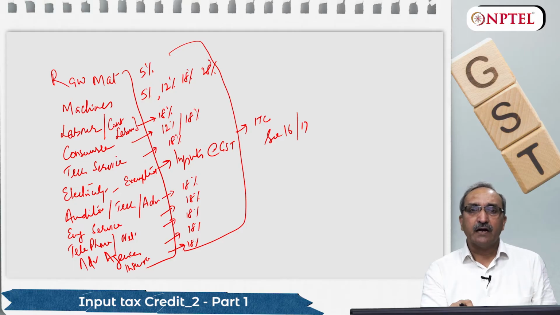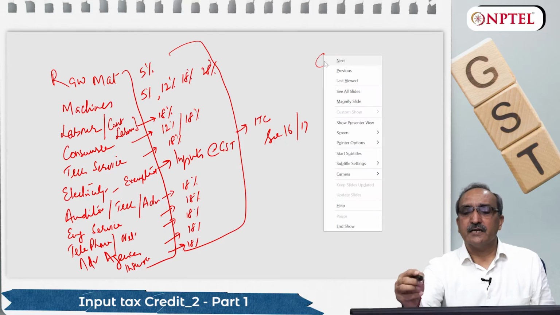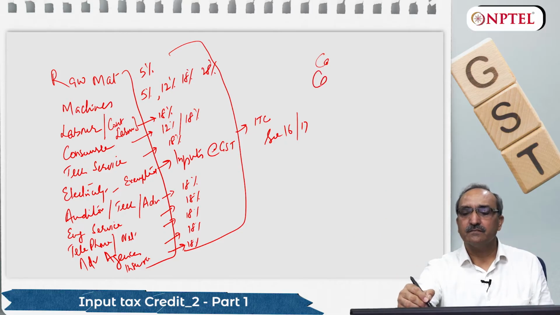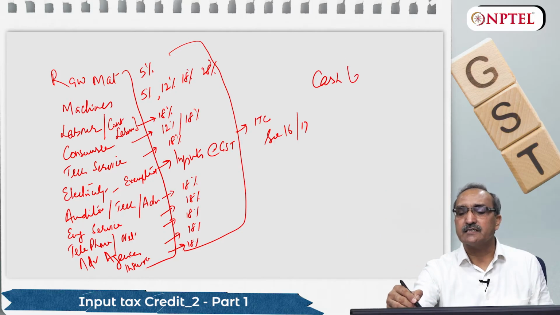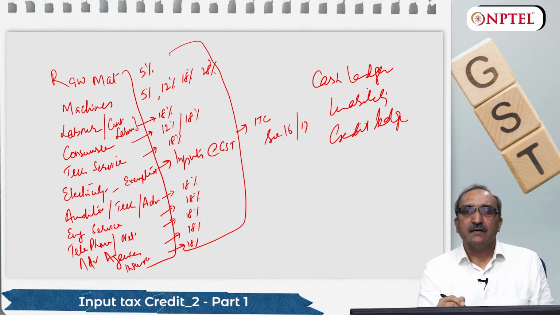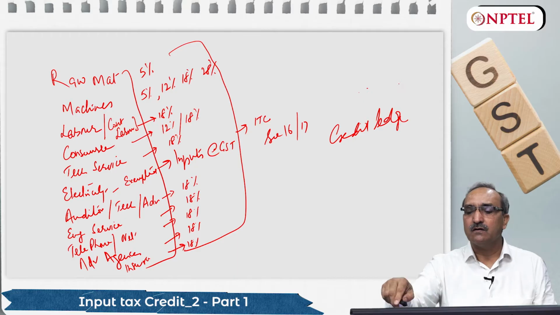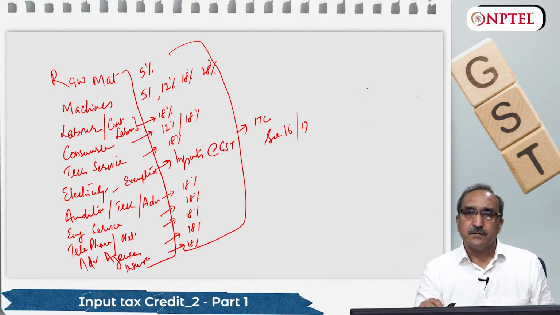That is why in GST we have a cash ledger, we have a liability ledger against my sales, and I have a credit ledger for all my inputs available to me. This way we record each and every transaction in our books of accounts and also at the GST portal.